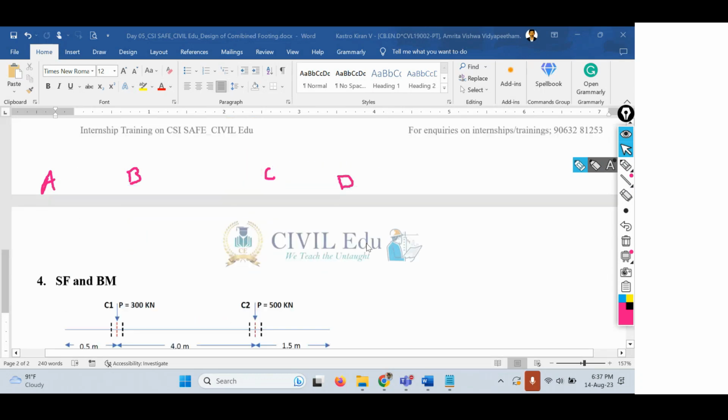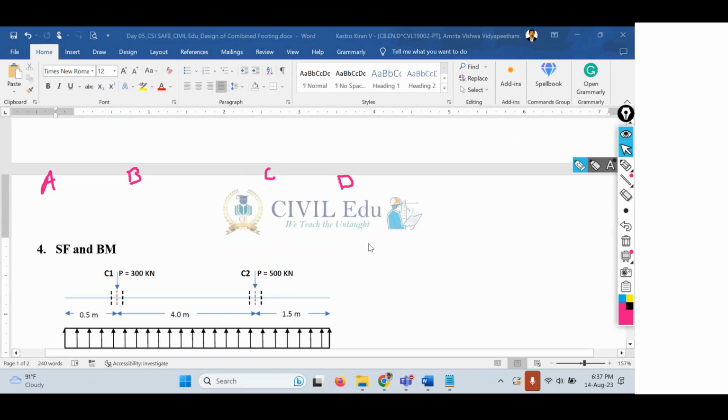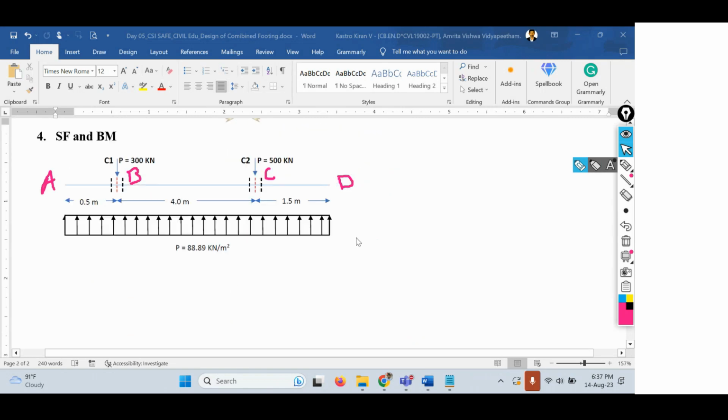Before finding the shear force values, let us find the pressure value. Usually we have the pressure in kilonewtons per square meter, so let us find the value in kilonewtons per meter. While calculating the loads, we should not have area loads; we should have line loads.